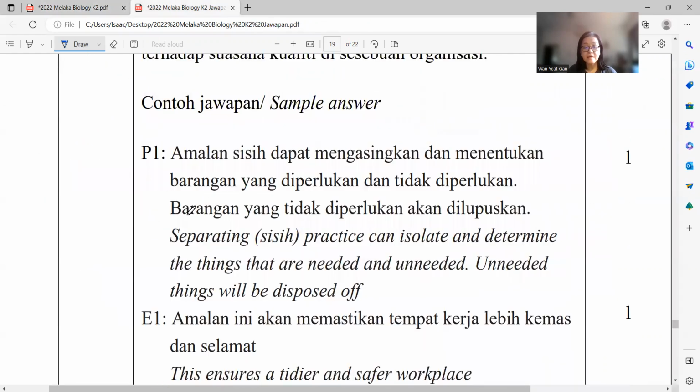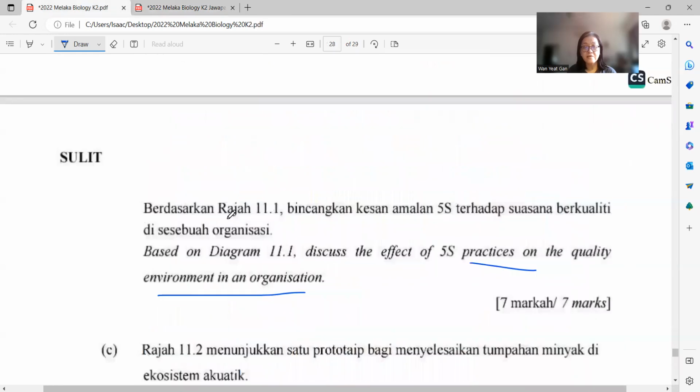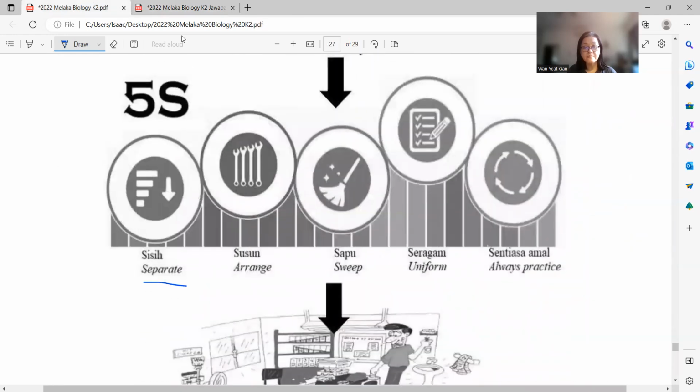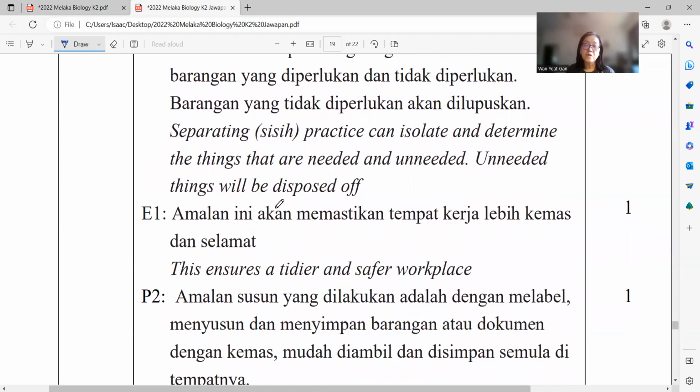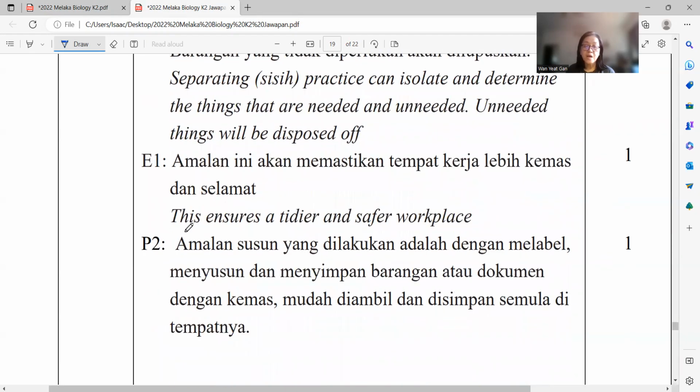The first S is separate. Separate means you have a practice that isolates and separates things that are needed and unneeded. Those that you don't need, you dispose of. So that will ensure a tidier and safer workplace.